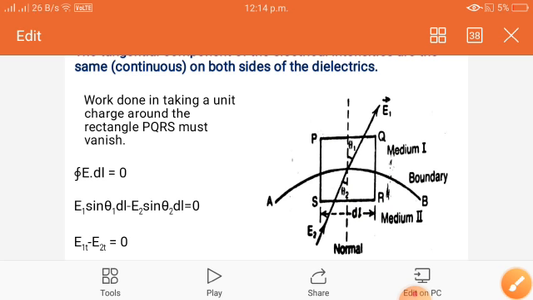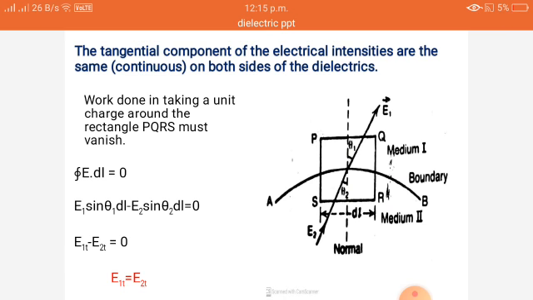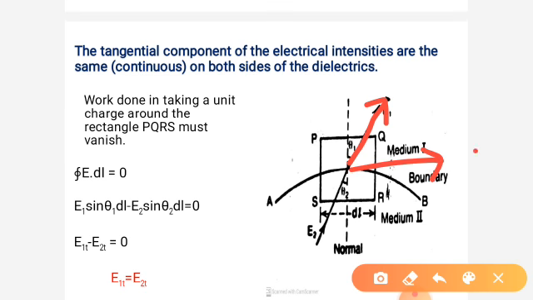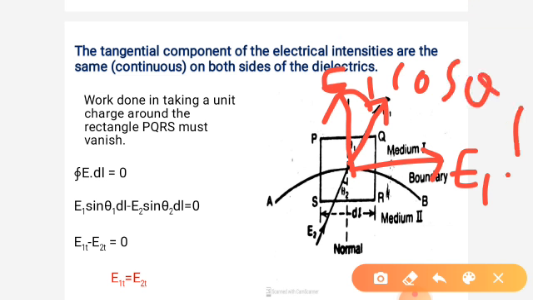Here we take the tangential component. Why? Because E1 is like this, the resultant, then it becomes E1 sin theta 1. So this is E1 cos theta 1, this is E1 sin theta 1. Here we take the tangential component.